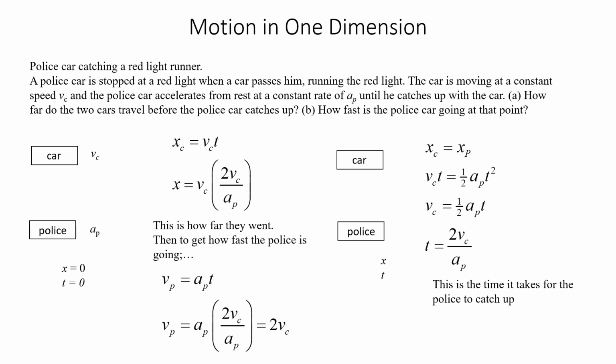It doesn't matter what the numbers are, he's going to be going twice as fast as the car. Isn't that interesting? If we were given numbers from the problem, we can just plug in the numbers and get the actual values. But I think what's interesting is that no matter how fast the police car's acceleration is, when he catches up, he's going twice as fast as the car.